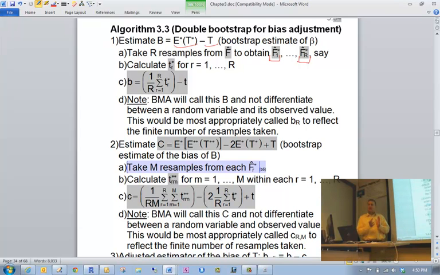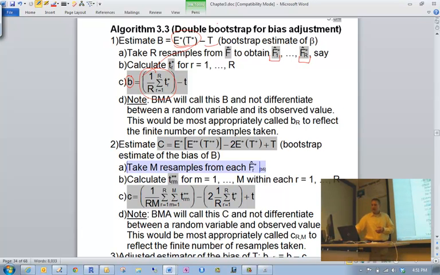We calculate T star for every single resample. Then our observed value of B, little b, is, of course, the average of these T stars minus T. And, of course, again, by the law of large numbers, this should go to this, as long as we take R large.